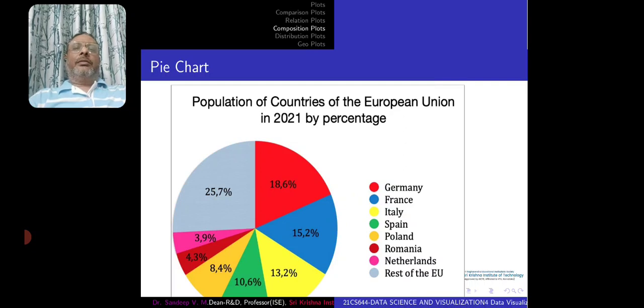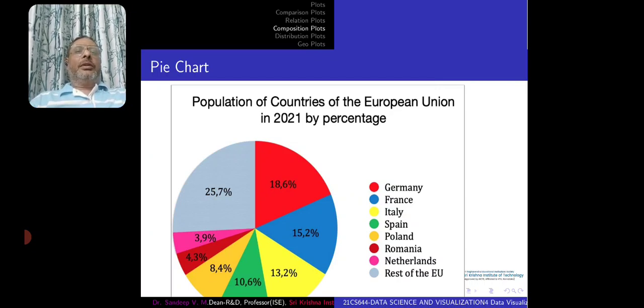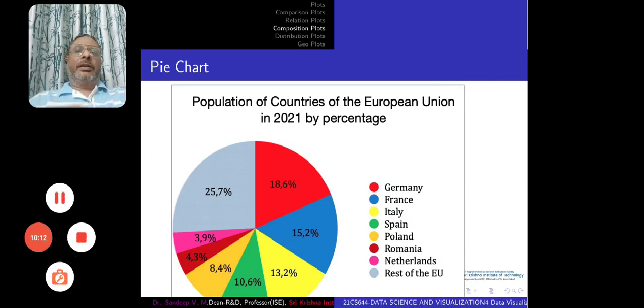So we can make it out very easily. The information is made very clear to the user. What we want to convey is very easily conveyed through this type of pie chart if we want to show the composition of any feature. So that's the pie chart. Other charts we will see in the next session. Thank you.